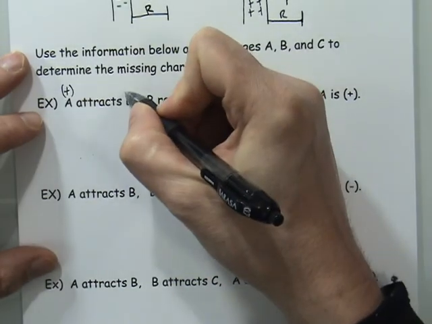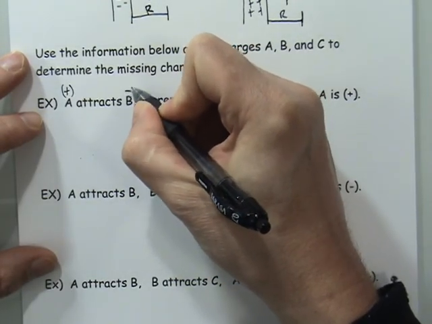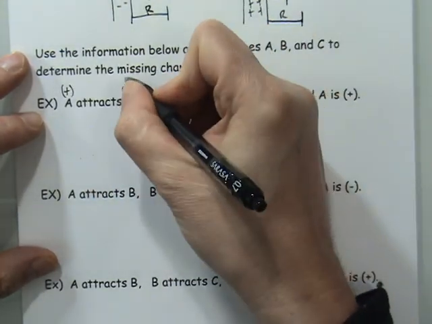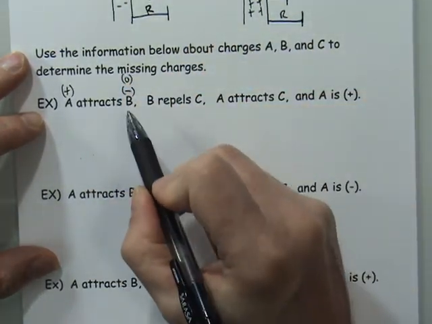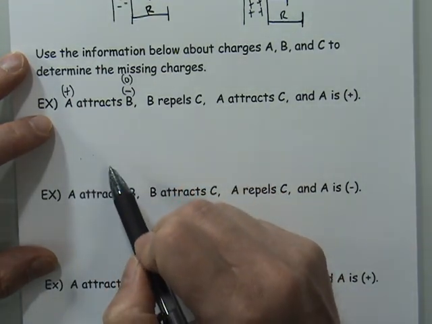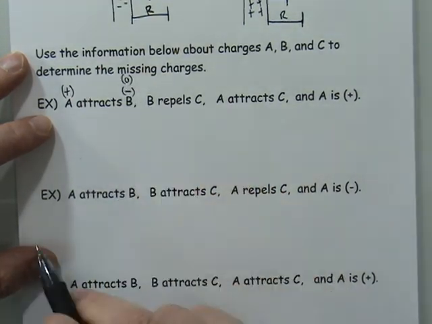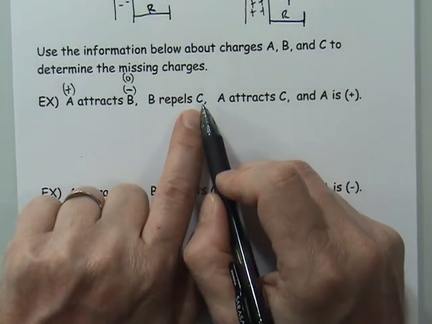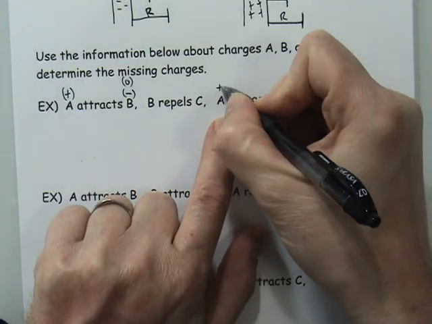Okay, so that means that B could be negative, that's one possibility. A negative would attract to a positive, but as we just said, so would a neutral. So right now, the fact that B is attracted to A does not guarantee that B is even charged. It could be the opposite charge or it could be neutral. Now I'm going to skip this because I don't know the charge on C right now, but I do know the charge on A is still positive.